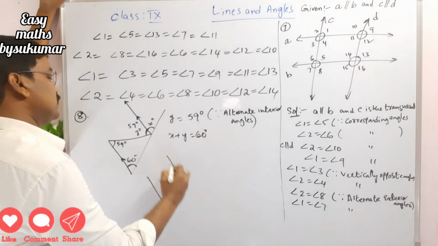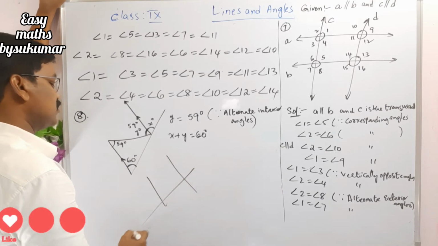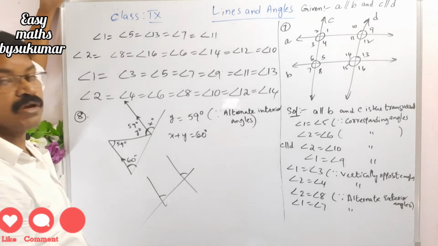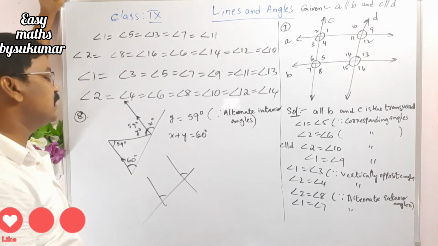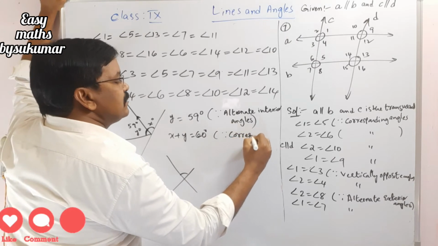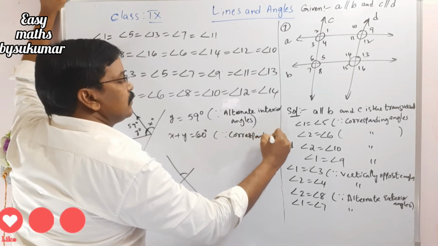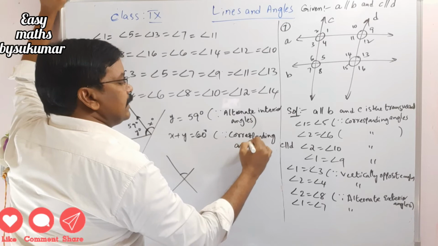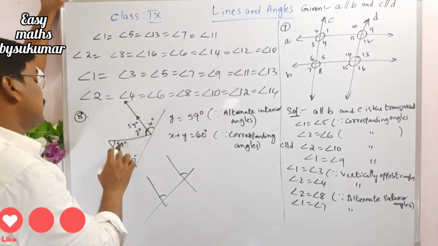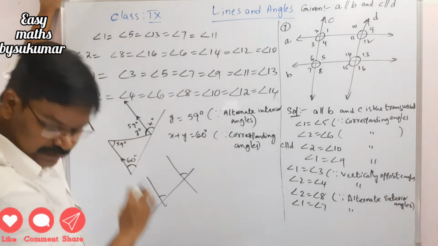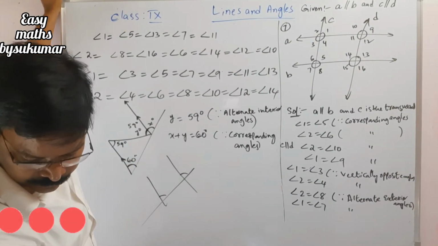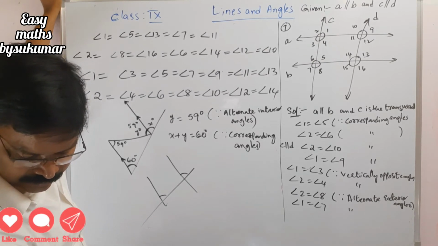Since these two lines are parallel and it is a transversal, this angle and this angle are called corresponding angles. The corresponding angles are equal. But already we have found this angle is 59. Is it 59? Right. 59 degrees.